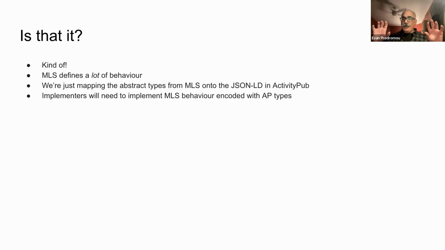We don't need to define the full working mechanism of MLS. MLS is already well specified. So it's really about providing that glue layer between the two of them. So that's the good part about this, is that we can have a relatively simple structure with guidance.